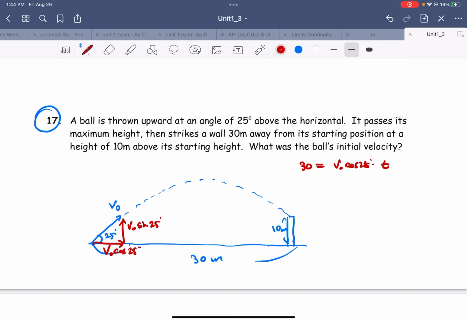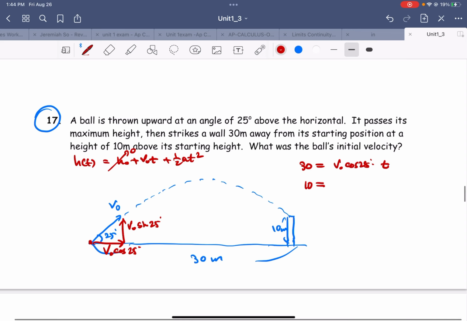What about vertically? I'm going to use h of t equals h naught plus v naught t plus 1/2 a t squared. So h of t is to be 10 meters, and the initial height is from the ground, right? So then it'll be 0.